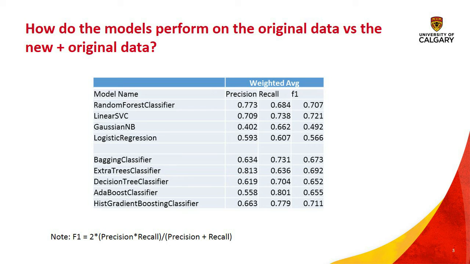Now, the last five models, the bagging classifier, the extra trees classifier, the decision tree classifier, the ADA boost classifier, and the histogram gradient boosting classifier, are models that have not been experimented with by the original paper. Note that initially the original gradient boost model was used, but Databricks terminated the cluster before the model could finish running. Histogram gradient boosting classifier is also significantly longer to complete than the other models.